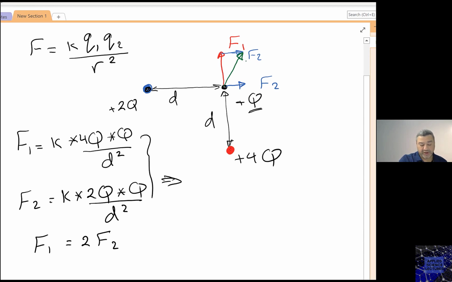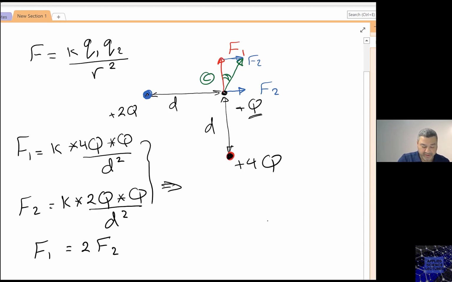Now here I only care about the direction, which means I am interested to know this angle, theta. Then theta is tan inverse of F2 over F1.